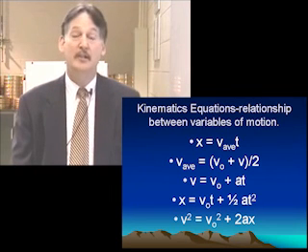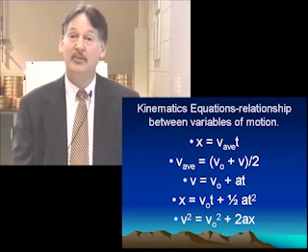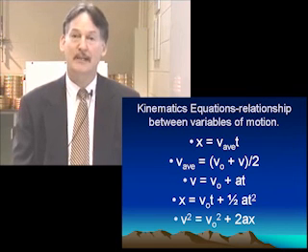The third equation in our list here, then, is sort of a rearrangement of our previous definition of acceleration. Remember, we defined acceleration as a equals v2 minus v1 over t2 minus t1.